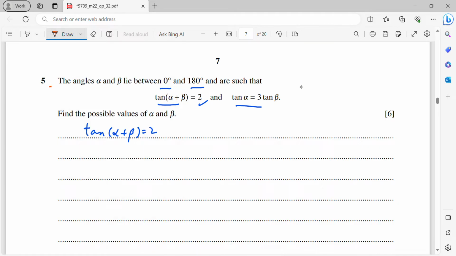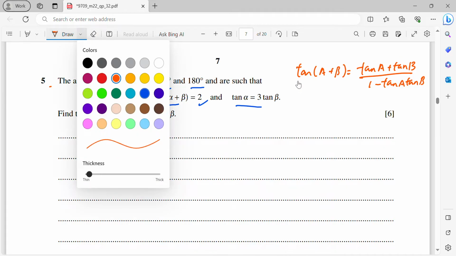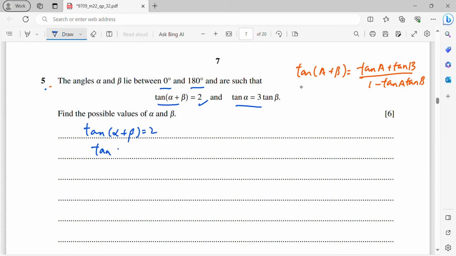Now we have to solve using tangent of a plus b equals tangent a plus tangent b over 1 minus tangent a tangent b. This is the formula. Then now I will be getting tangent alpha plus tangent beta over 1 minus tangent alpha tangent beta equals 2.